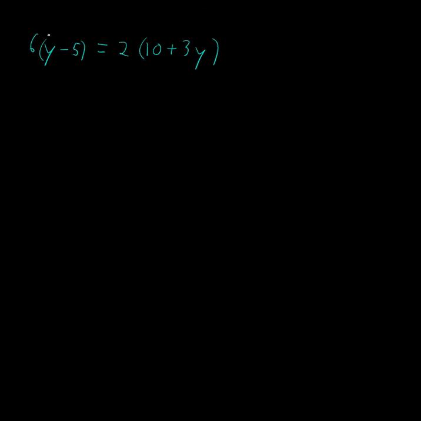Okay, so if we were to solve this equation, how do we go about doing it? So step 1, we would simplify both sides of our equation. And so we'd get 6y minus 30 equals 20 plus 6y. And this is now in its simplest terms. We have simplified this equation, and so now we can move on to step 2.